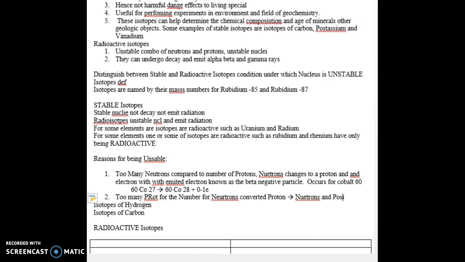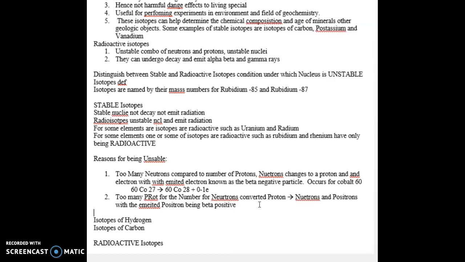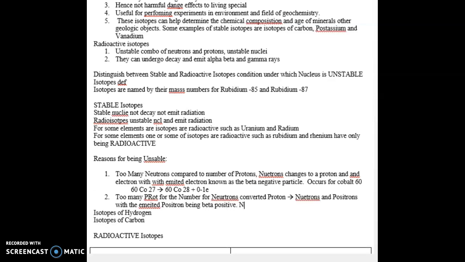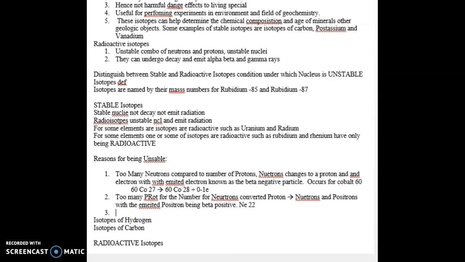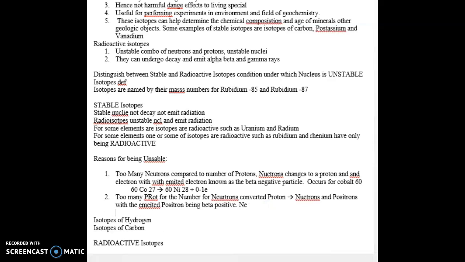As we know, positrons are basically positive forms of electrons, and the emitted positron is the beta positive particle. Also guys, the cobalt becomes nickel over here, sorry I forgot to mention that, and over here we're going to have neon. So we'll start off with sodium.